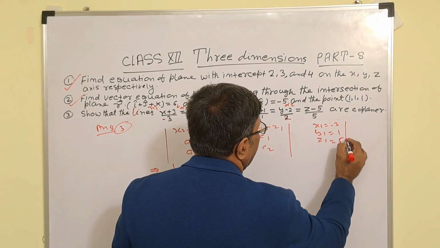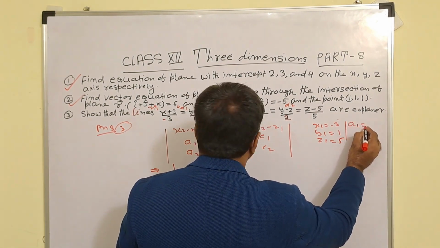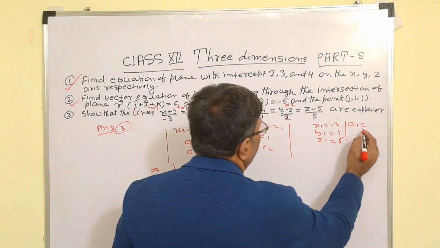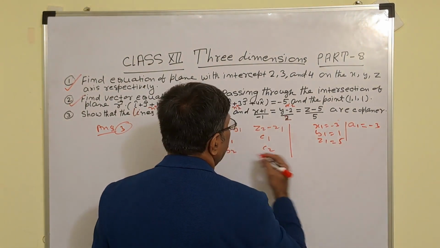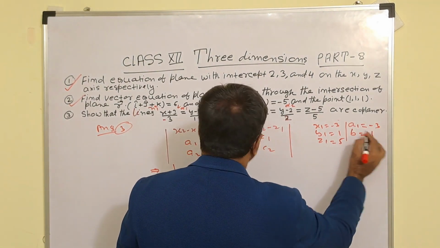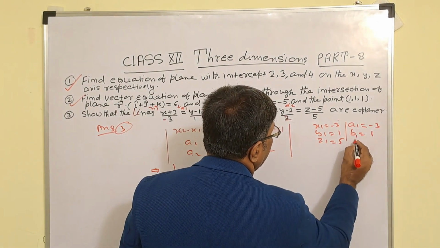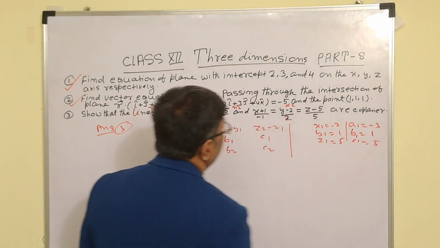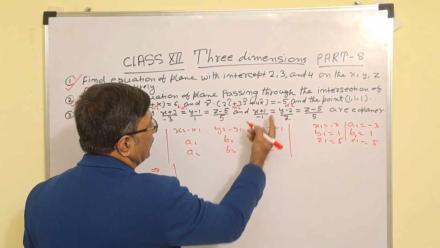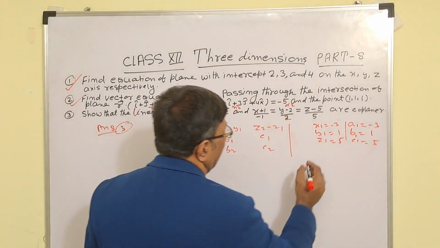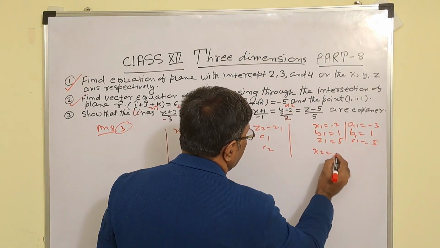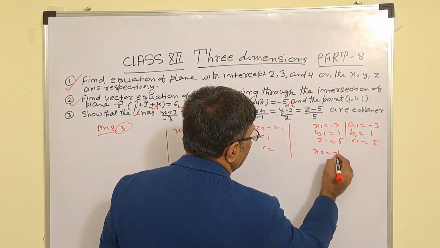5. And here a1 equal to minus 3, and b1 equal to 1, and c1 equal to 5. In the same way, x plus 1 equal to 0, so this is x2. So x2 equal to minus 1.